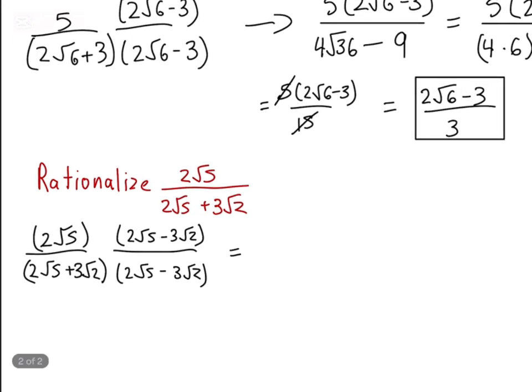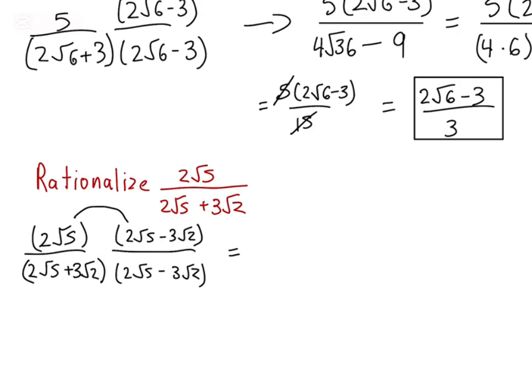So the top would be 4, so 2 times 2, and then times 5, so 4 times 5, and then minus, because this is a minus sign here, so now it's minus 6 root 10 over, and in the bottom here it's going to be 4 times 5 once again, because 2 times 2 and then root 5 times root 5, minus, so this is a difference of squares once again, so this is going to cancel here.